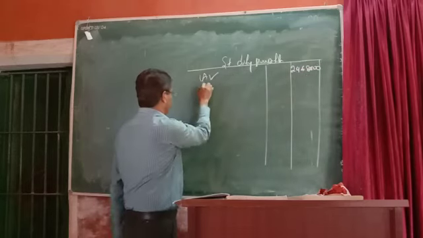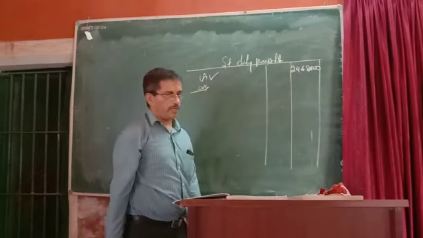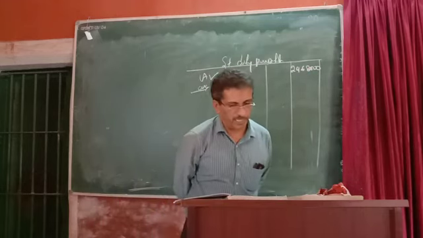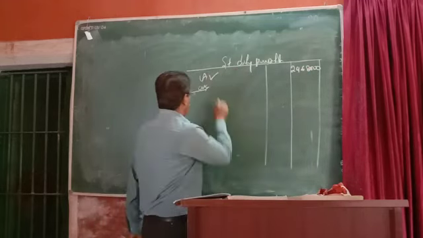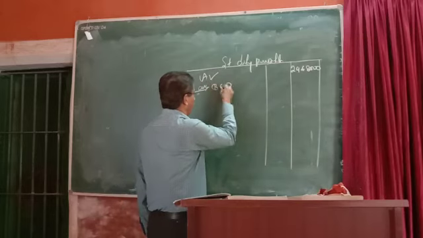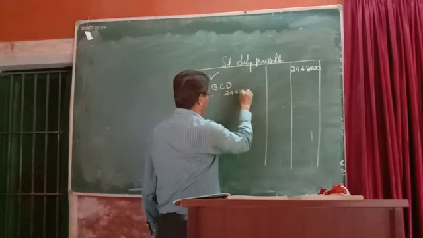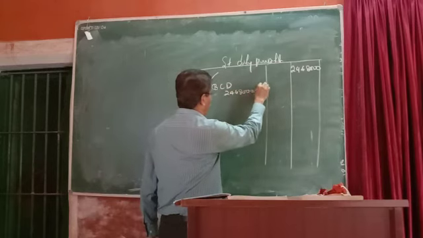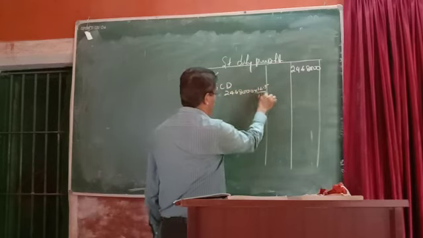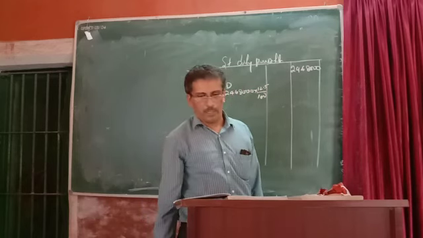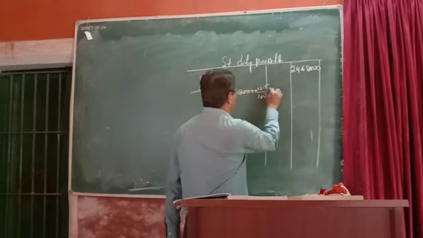And first one here, rate of basic custom duty is given. So BCD, which is 12.5%. 24,68,000 into 12.5 divided by 100 should be 3,08,500.